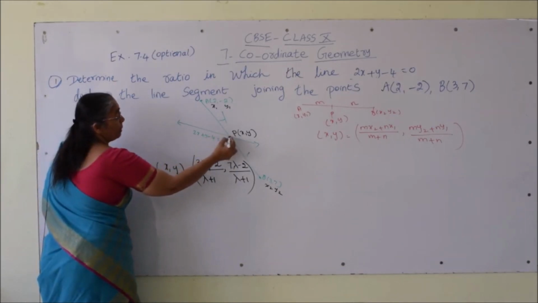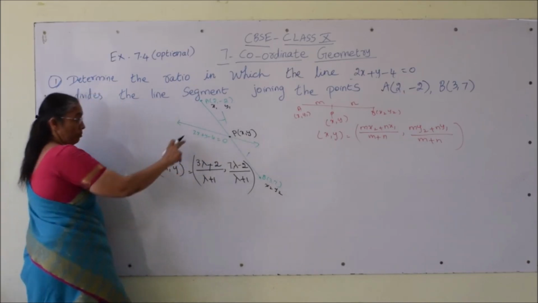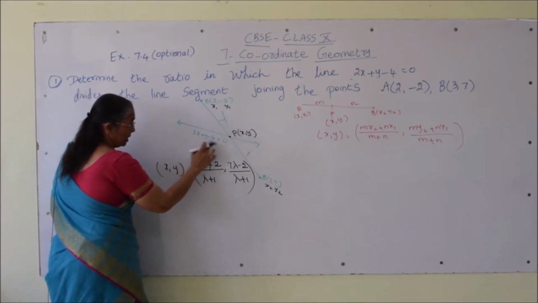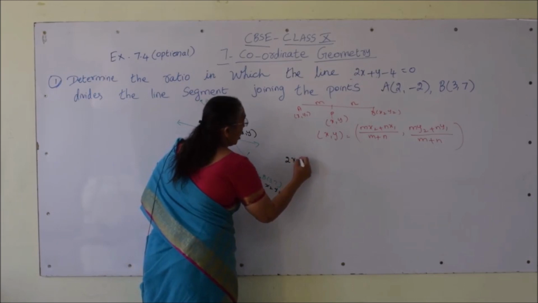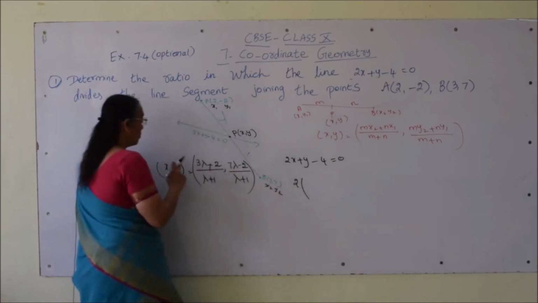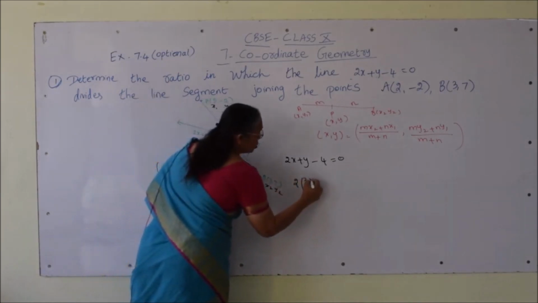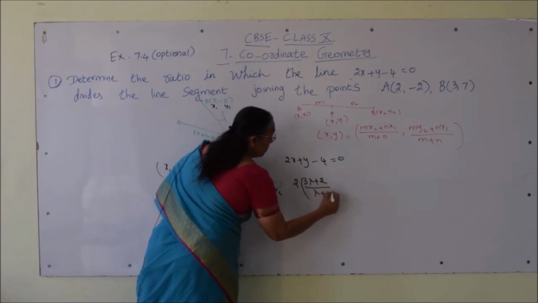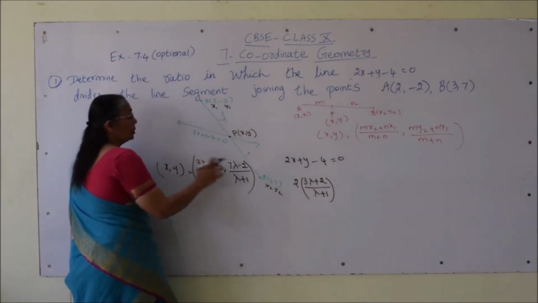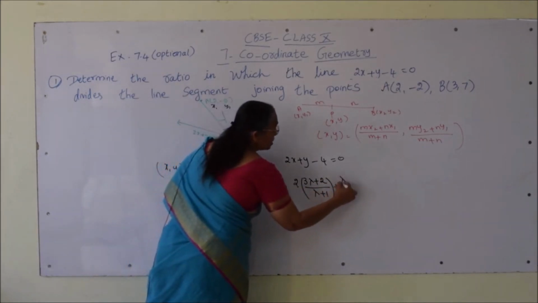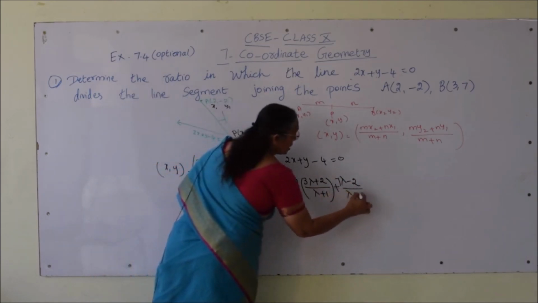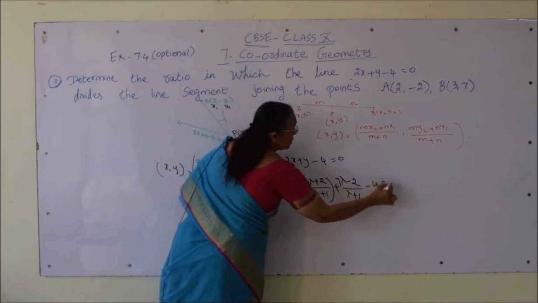We can see that point P lies on the line 2x + y - 4 = 0, so this point should satisfy this line. We substitute the point in the equation: 2 times the x value (3 lambda + 2) divided by (lambda + 1), plus the y value (7 lambda - 2) divided by (lambda + 1), minus 4 is equal to 0.